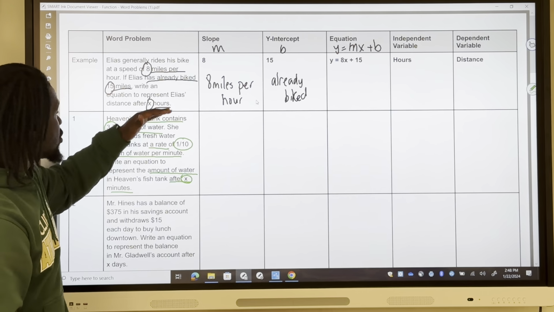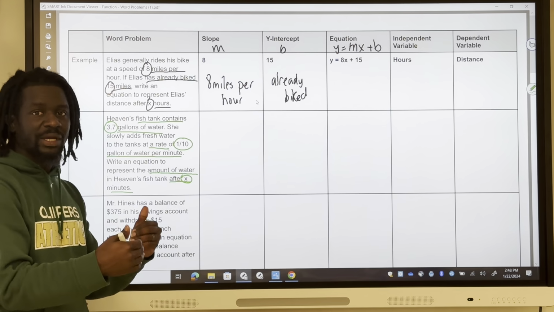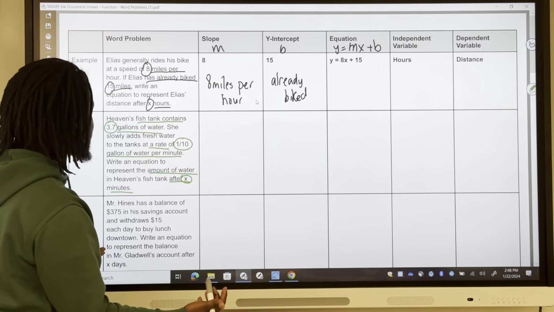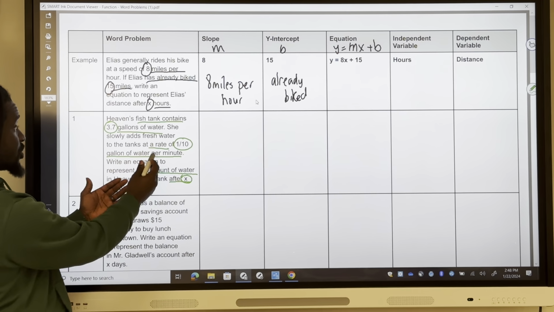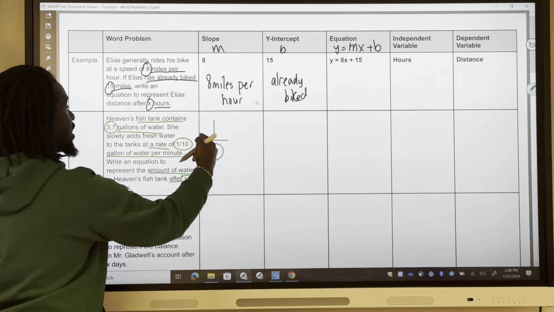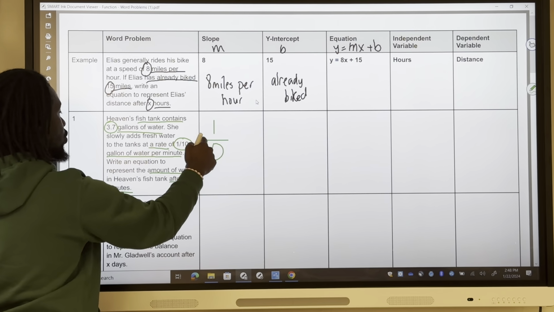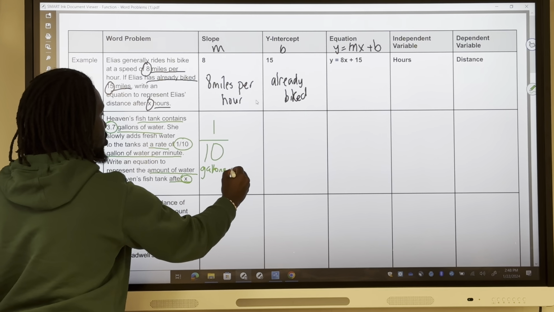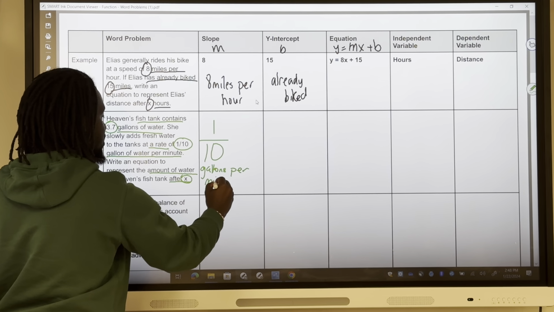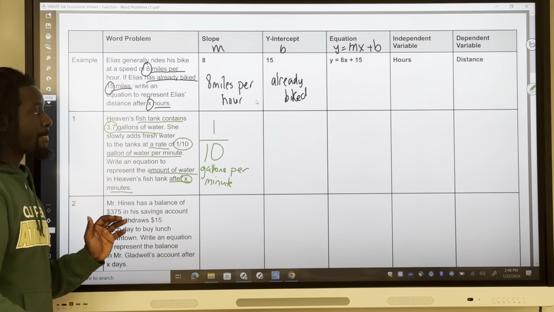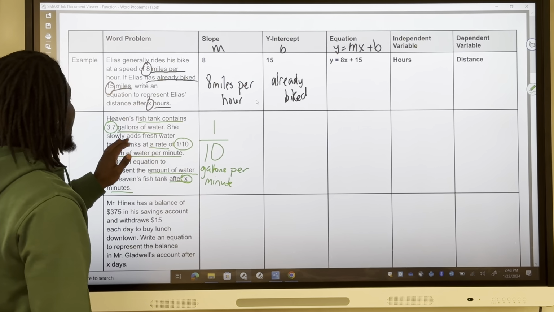The slope is the rate of change. How much is it changing over time? Well, the rate of change is the 1/10. In this one, it is changing 1/10 gallons per minute. That is the slope.